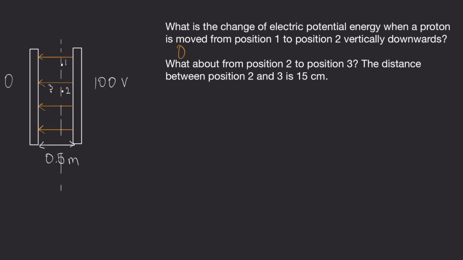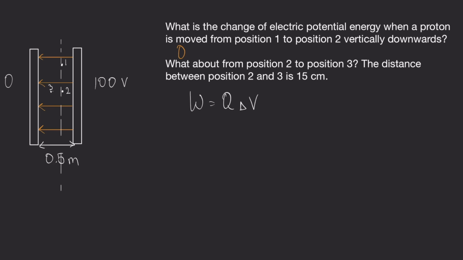The distance between the points is 15 centimeters. Okay, well, the work done will be equal to Q multiplied by delta V. The question that we need to find is what is the potential difference between points 3 and 2.